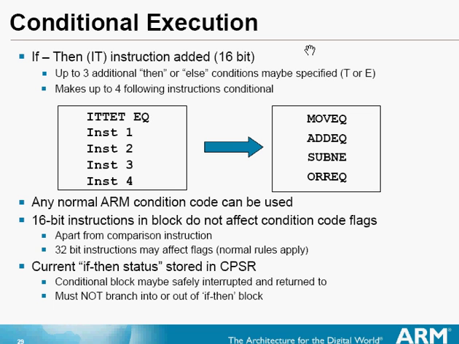Similarly, there are IT, if-then, instructions added, 16-bit. Up to three additional then or else conditions may be specified, which make up the following instructions, like ITTET. What does that mean? See, the previous limitation of 16-bit Thumb instructions was the inability to perform conditional execution.